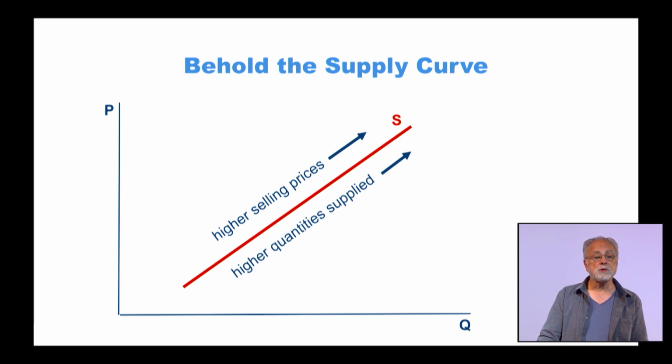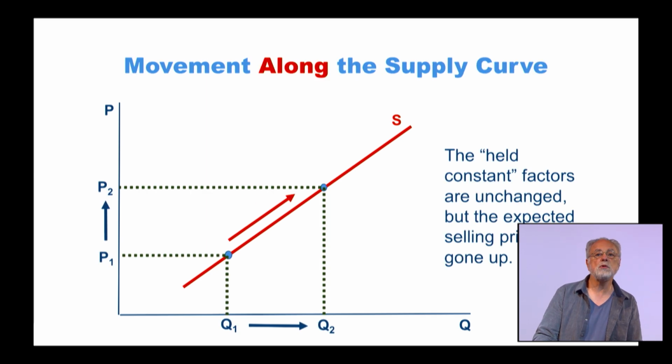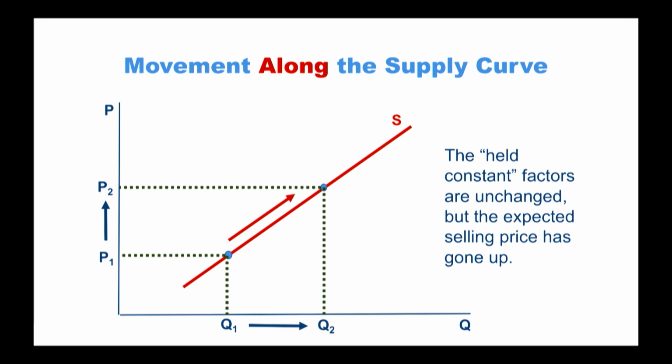Now there are two different adjustments you might make using this diagram. One is you might move along the supply curve. You could start out at a point like P1, down at the lower left, with a lower quantity and a lower price, and then if the price rises to P2, you would expect the quantity supplied to go up to Q2.